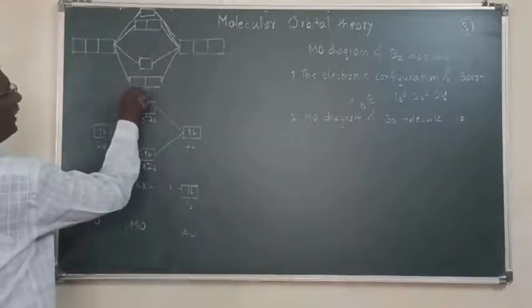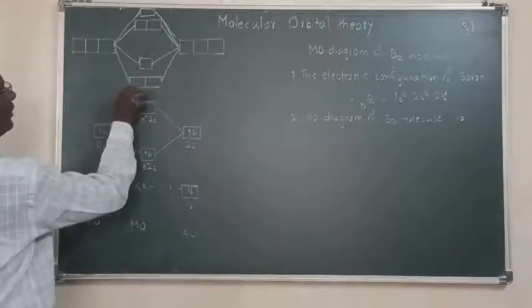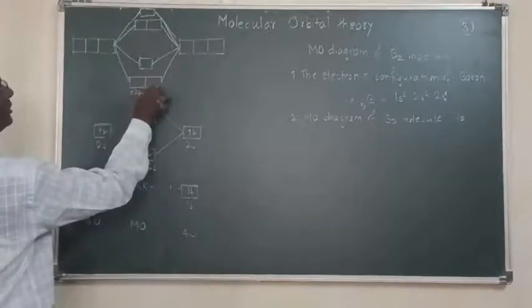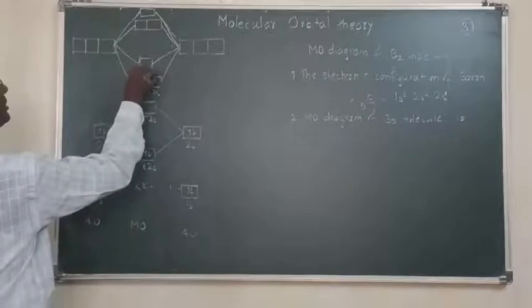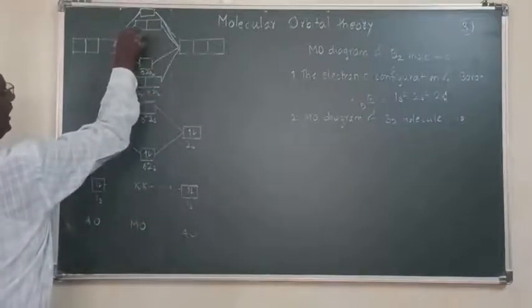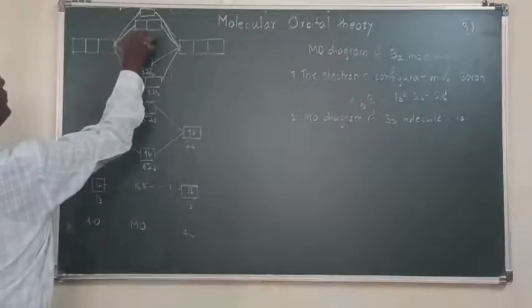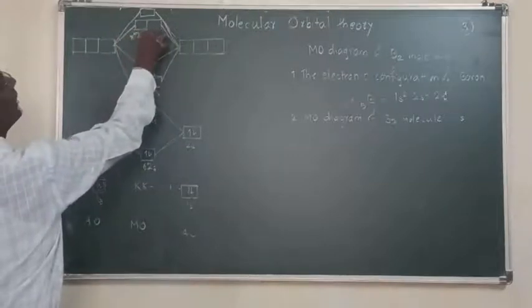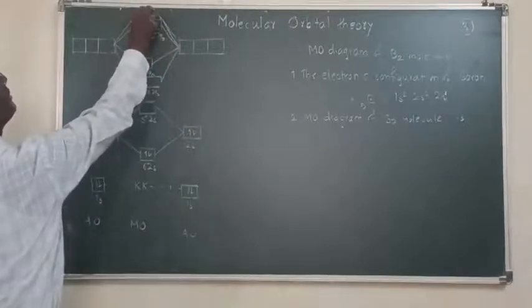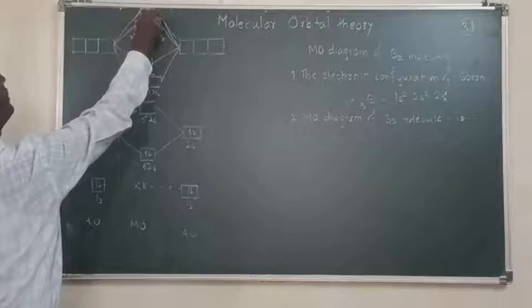These are pi 2py and pi 2pz, and this is sigma 2px. Here pi star 2py, pi star 2pz, and sigma star 2px.